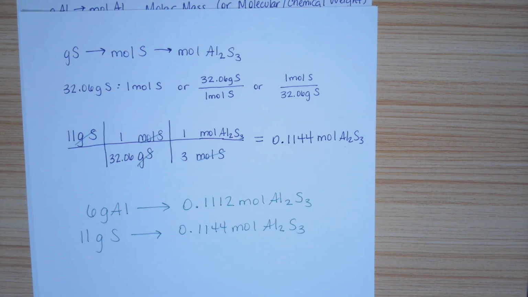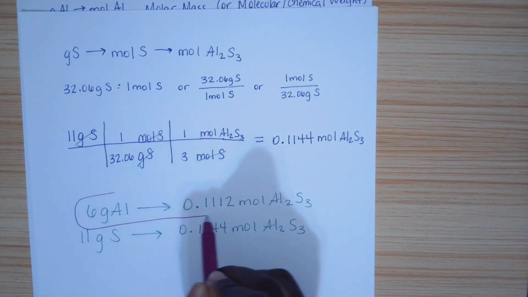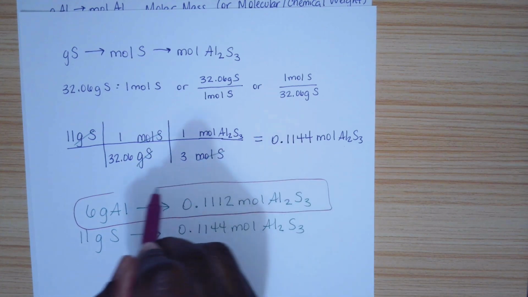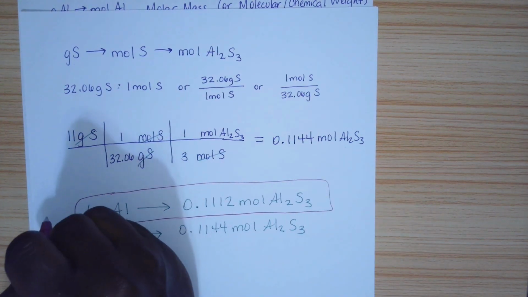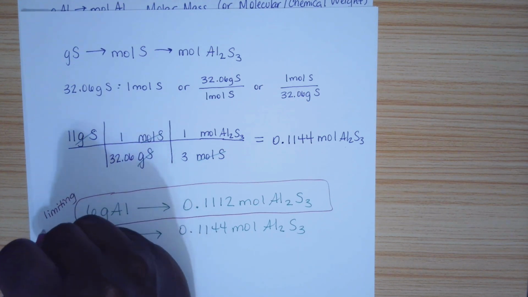So in order to determine which one is your limiting reactant, it's going to form less product. 0.1112 is less than 0.1144. So that means that these 6 grams of aluminum would form less product, making the aluminum the limiting reactant.